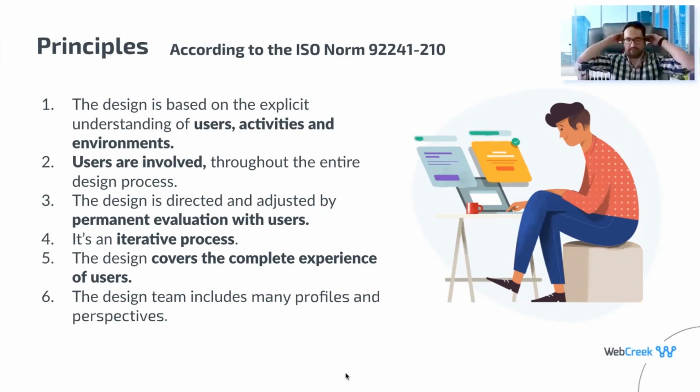These 6 things are a very interesting perspective on how user-centered design should serve users and people, right? First of all, the design should be based on explicit understanding of users, their activities, and their environments. If we're designing something for doctors, let's say a tablet application for them to collect patient information, how can we understand the urgency, the characteristics, the context that they work in if we don't talk to them, if we don't dig into how their context and their activities work?